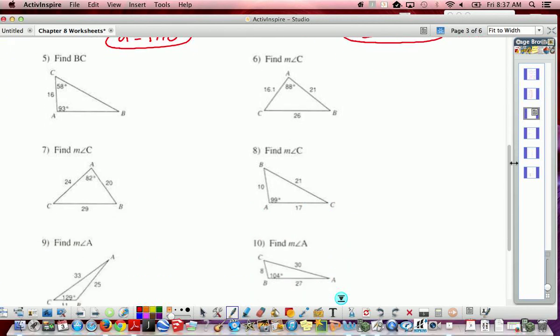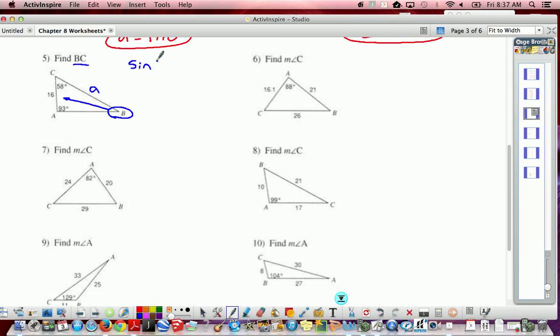Number 5, last one with the sides. So when I look at this one here, again, I'm going to need to figure out what angle B is since that's across from the side. I apologize. I need to label what side I'm looking for, which is BC, little a. So I can go ahead and start with that.